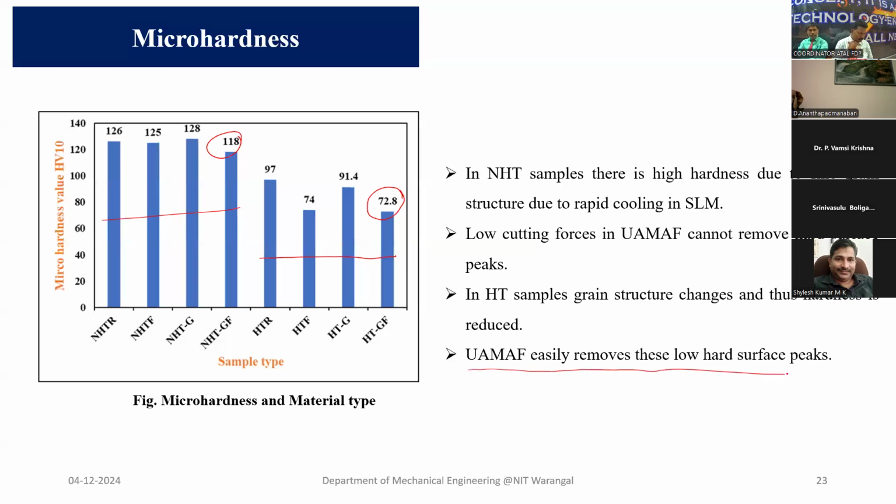We got less surface hardness on this sample because of the heat treatment, as grain structure changes are already there. Heat treatment slightly changes the material properties, fine grains will be there, and because of this the hardness is slightly reduced and internal stresses will be relieved. Then the finishing process reduced the micro hardness of this component.